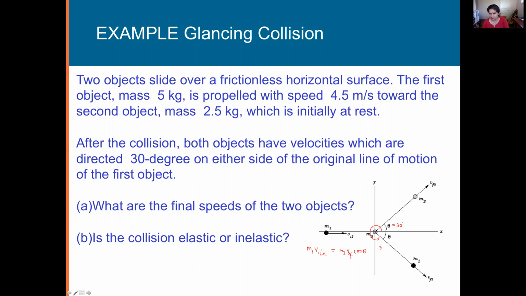That's 330 degrees. So to the x component of this one, I need to add the x component of this one. That is going to be my second term, m1 v1 final, and its x component is going to be cosine of 330 degrees.